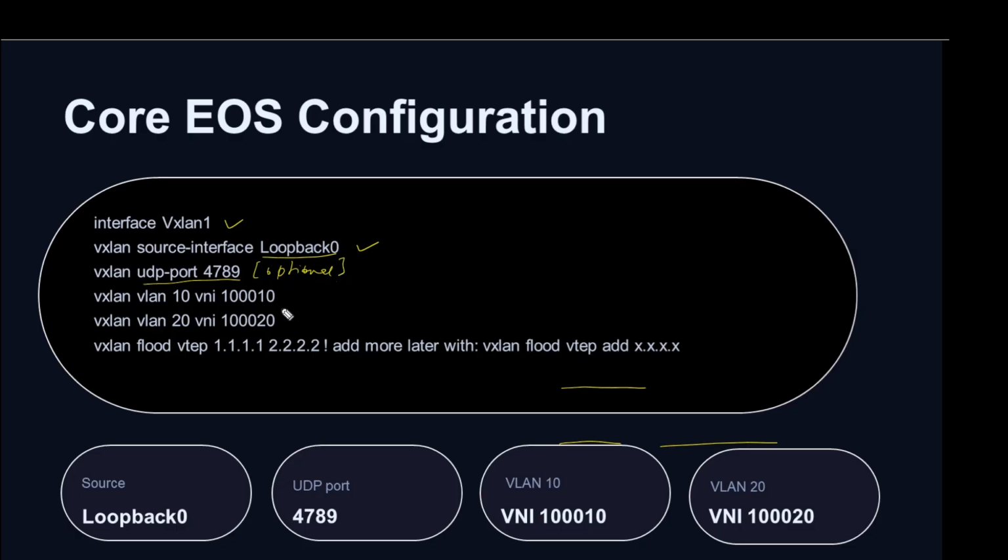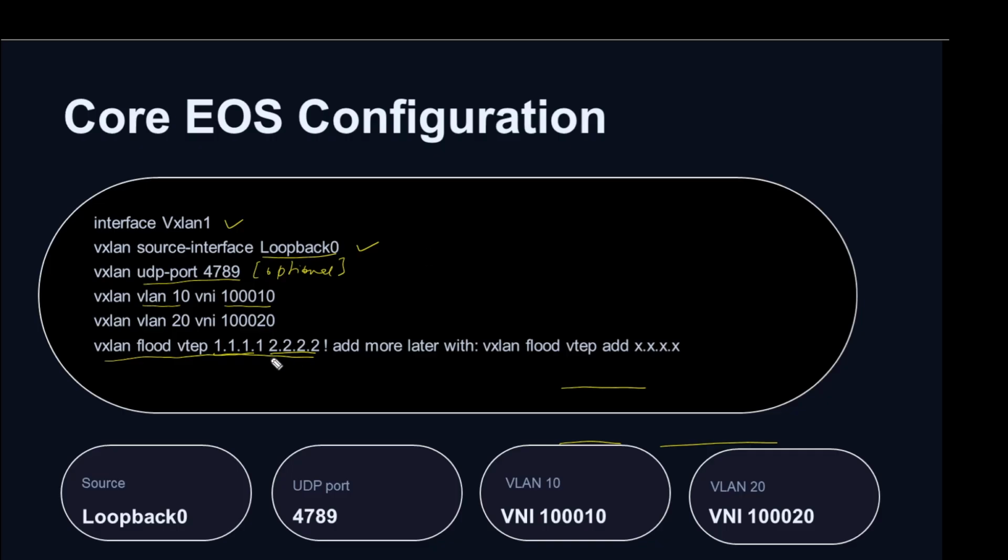And then we define the VLAN to VNI mapping. In our example, we will be creating VLAN 10 and mapping it to VNI 10010. And then we define the flood list using the vxlan flood vtep command, and we specify the IP addresses of the remote VTEPs that we want to send the unknown traffic towards.